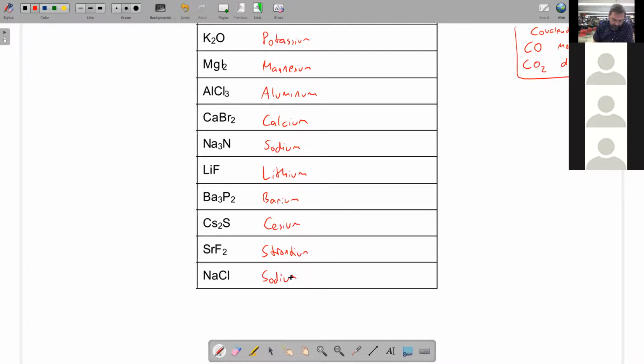The first half of an ionic compound's name from the cation is just the name of that element. You don't do anything to it. It's just that simple.